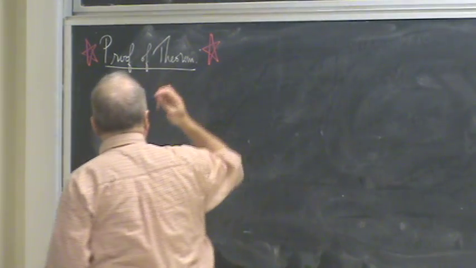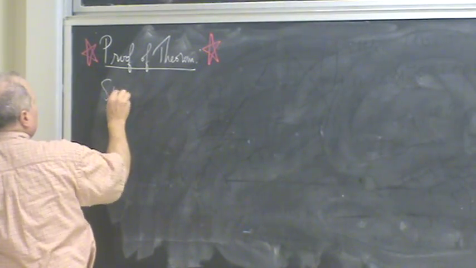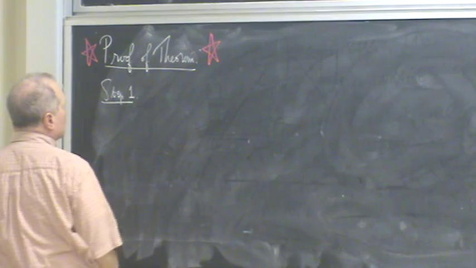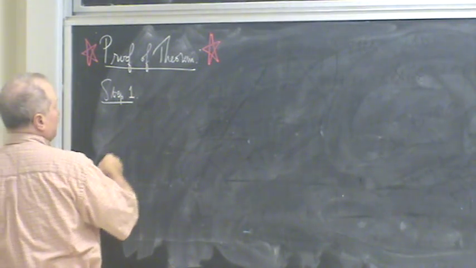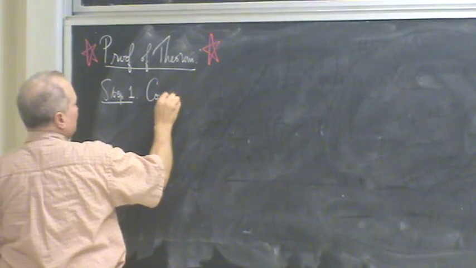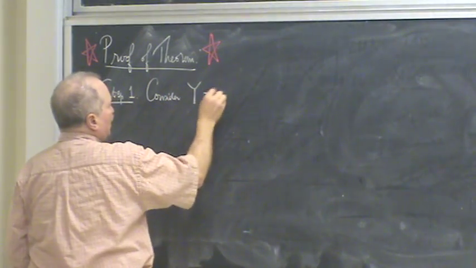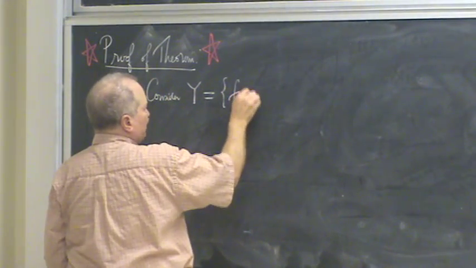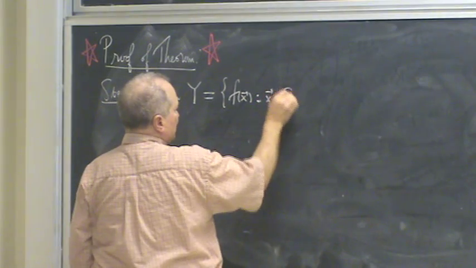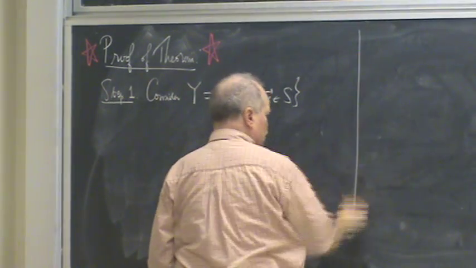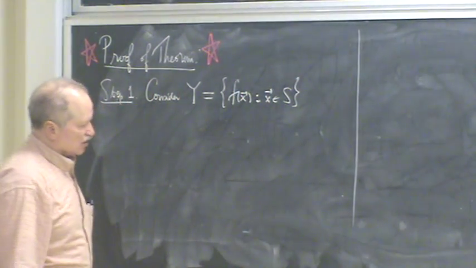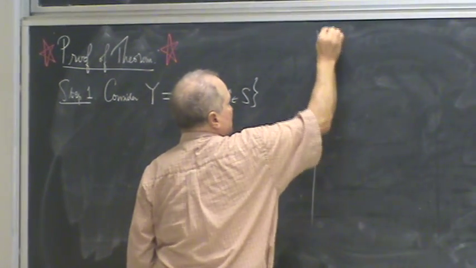So first step is going to be to consider the values of the function f. Consider the set of values of f as x varies over the set S. And I'm going to draw you a picture sort of the values on a vertical real axis here.